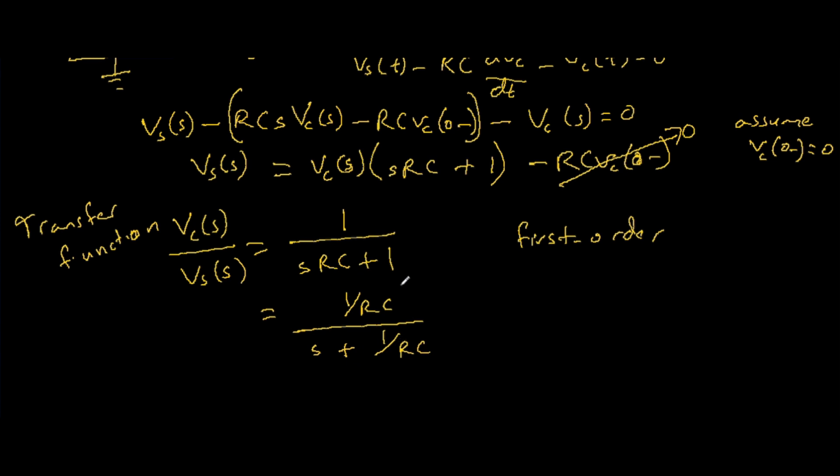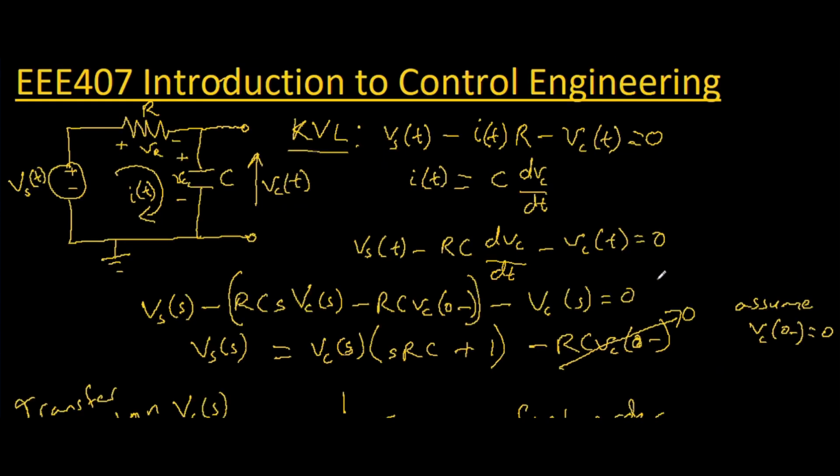It is perfectly fine, whichever way you choose to write it. The reason why I state this is some prefer to write it in this form. And your RC, by the way, is called your time constant. And you know that already from electronic engineering. Your RC is simply called the time constant of this particular system.